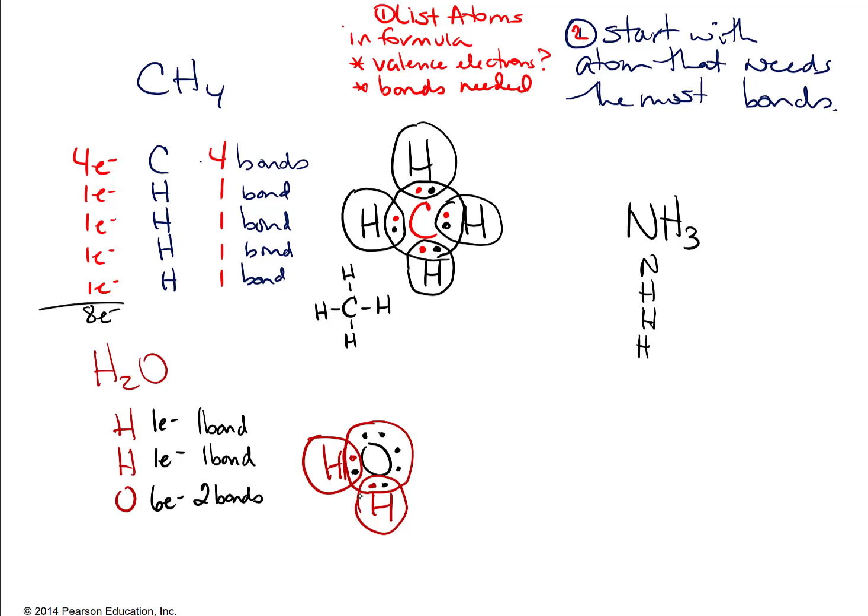Now, when you draw this as a Lewis dot structure with the dashes, keep those non-bonding electrons because they do take up space. It would not be wrong if you drew this, like when you get done, it looks like this.